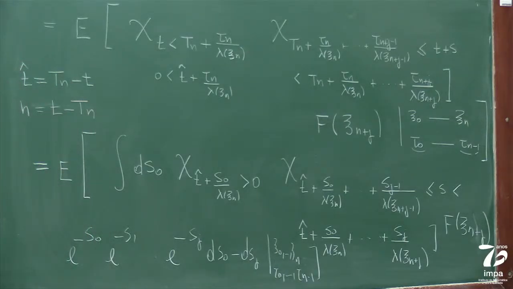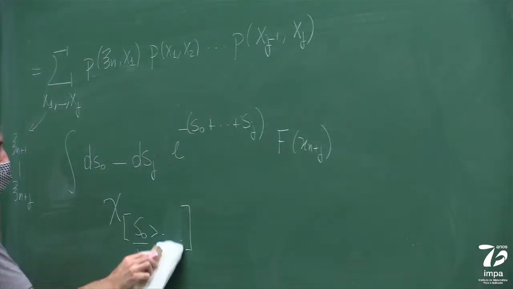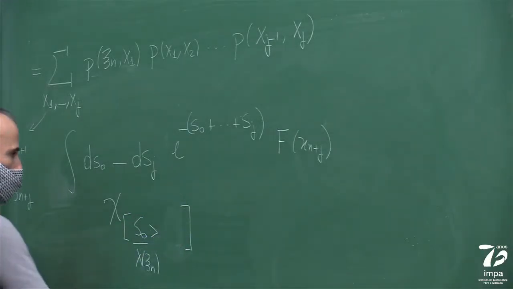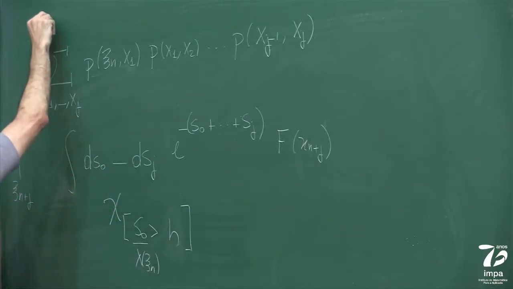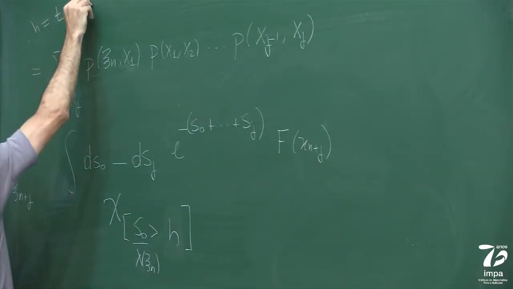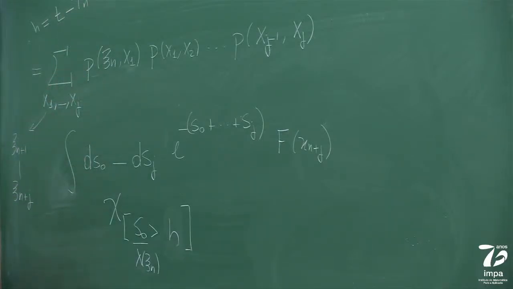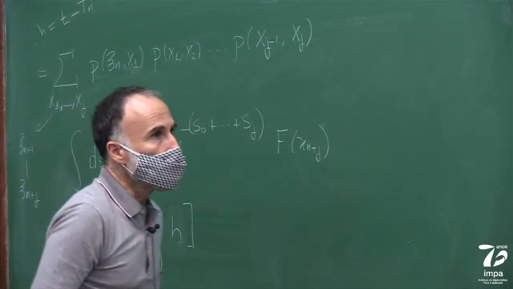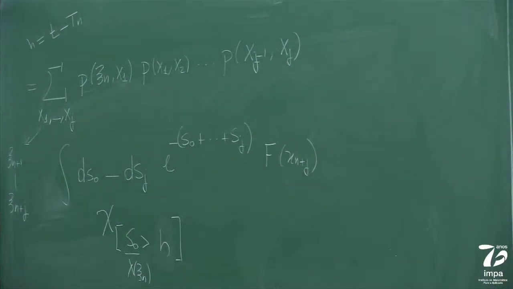Otherwise, I'll mix everything up. So this is minus t, it's actually h, and h is t minus tn. Okay, so this is the first indicator.